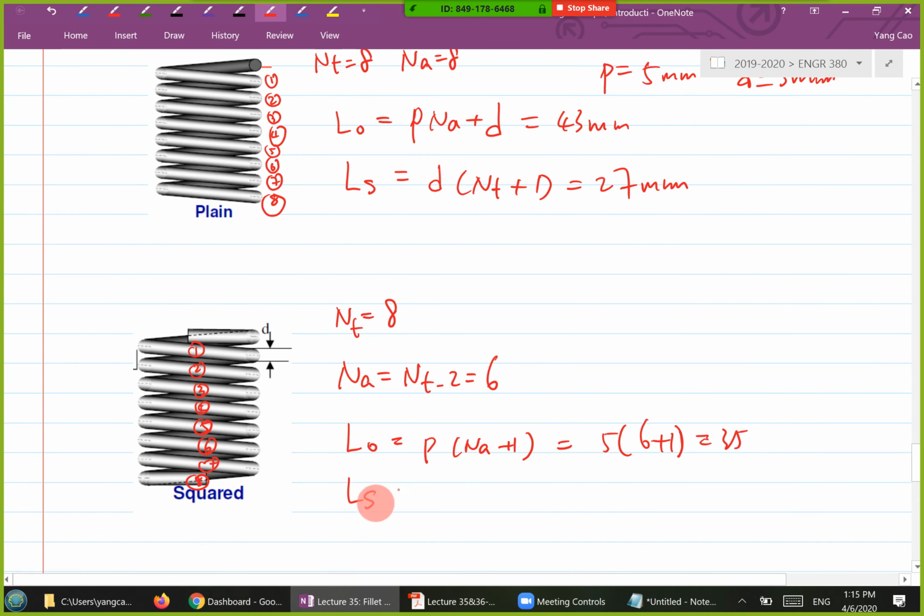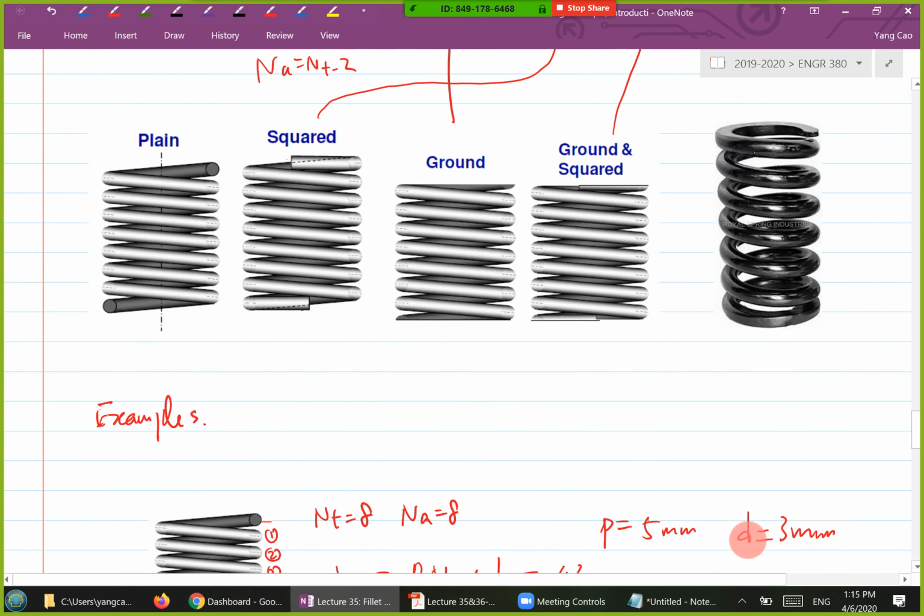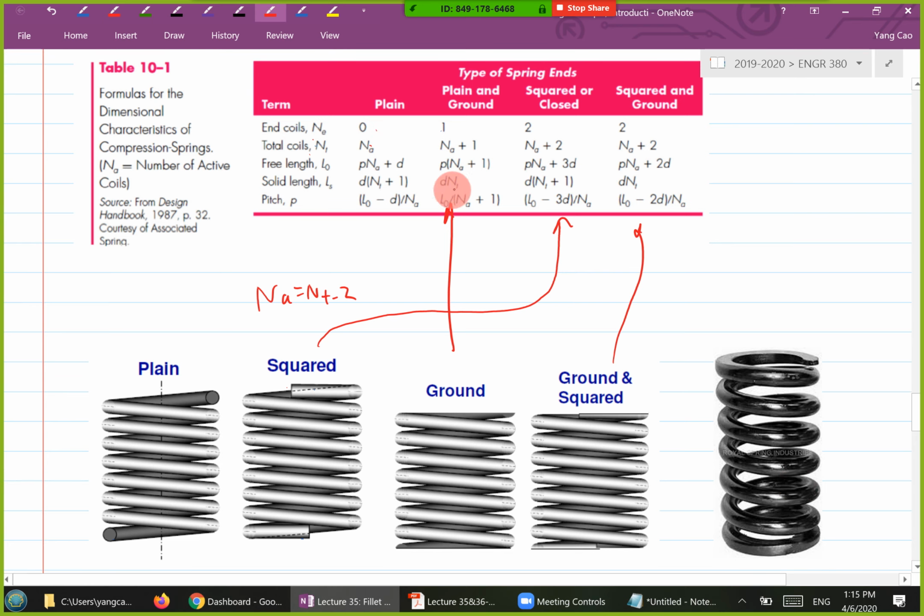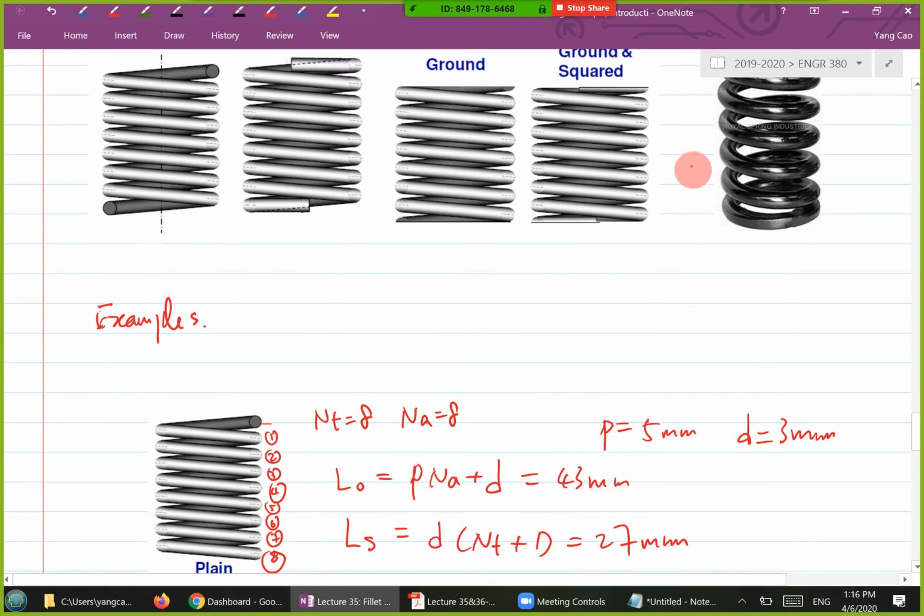And LS, according to the formula, D times NT. Sorry, it's a squared end, and I'm looking at the wrong column here. So we're looking at this one here. The previous one is P NA plus 3D.